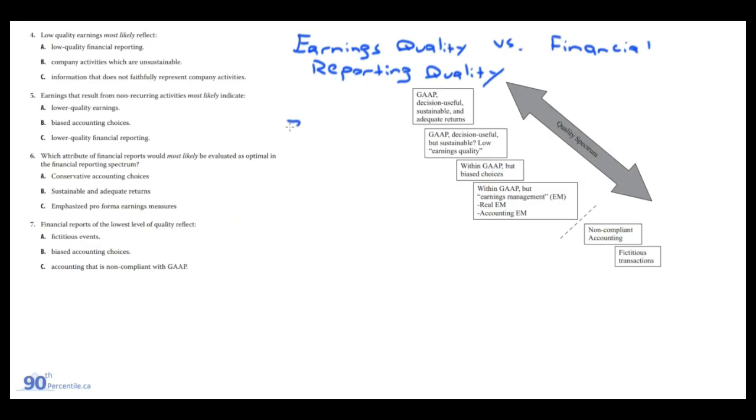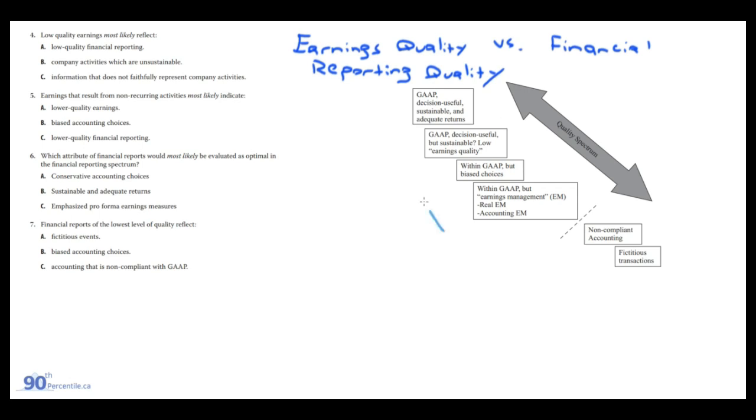All right, so the curriculum uses this nice visual here basically to distinguish between earnings quality and financial reporting quality. Use some key terminology here. The framework is pretty qualitative in nature, but I thought I would go over it really quickly.